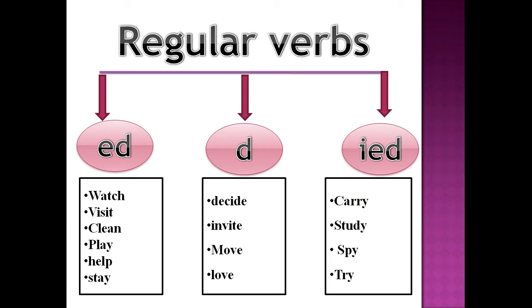We have 5 vowels: A, E, I, O, U. So if the verb ends in y before a consonant, when we change the verb into past, we have to delete y and then add ied. So the verb carry becomes carried, study, studied, spy, spied, try, tried.